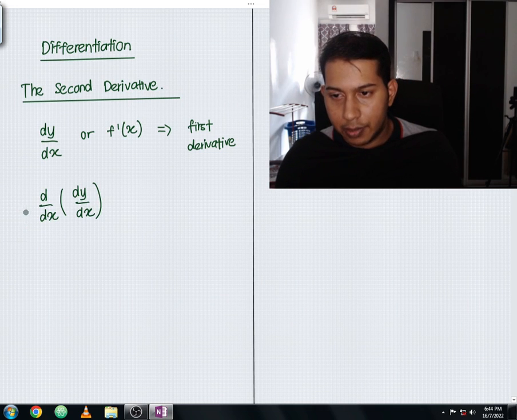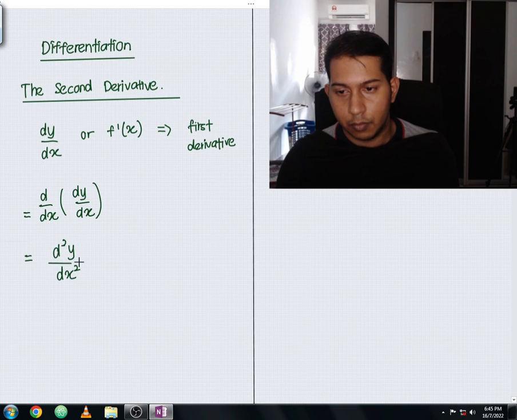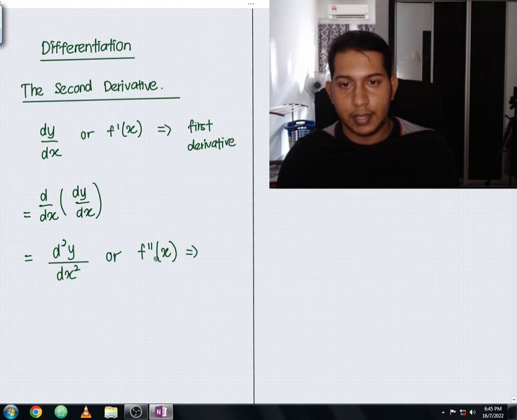As a result, your double derivative will end up as d square y over dx square, or f double prime x. We literally call these two the second derivative.